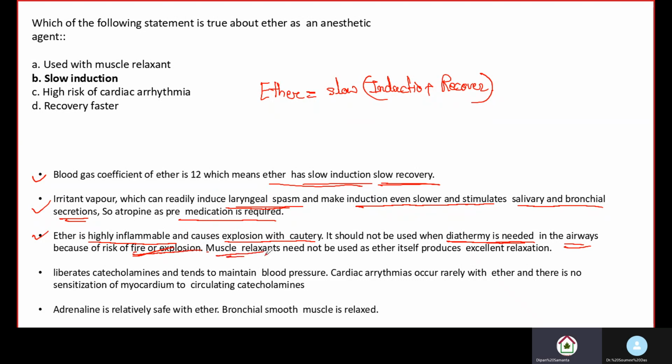A muscle relaxant need not be used, as ether itself produces excellent relaxation. So with ether, there is no need to use a muscle relaxant.